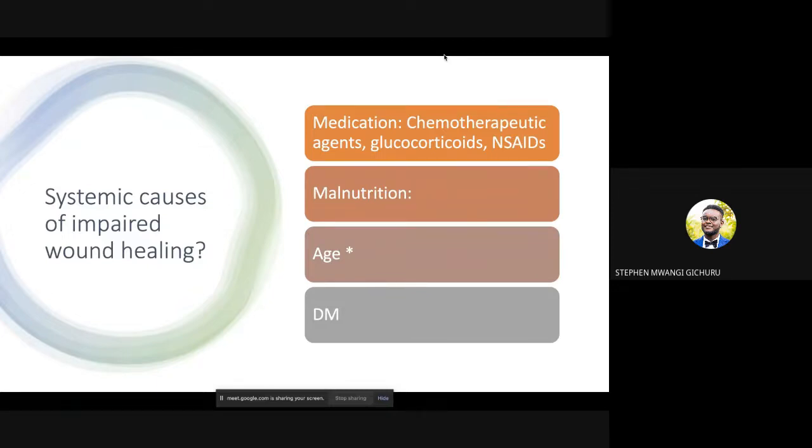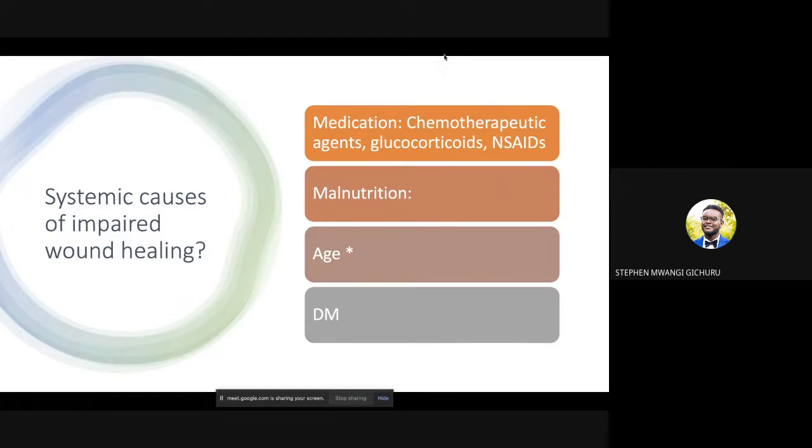Because this is something that you can have a very long discussion on, especially if it's in your orals. For aging, aging does not cause impaired wound healing, by the way. That's why I've put a star there. It just causes delayed wound healing. So the older you get, the longer it takes for your wounds to heal, but it does not necessarily mean you get impaired wound healing. Malnutrition as well, either excess.